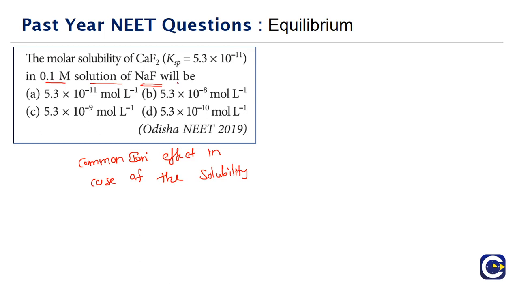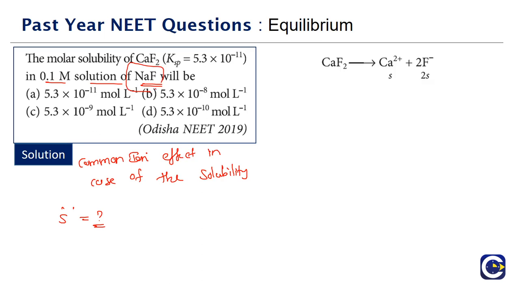Means we have to find the molar solubility, the S value. The CaF2 is not getting dissolved in pure water, it is getting dissolved in the presence of 0.1 molar solution of NaF. Generally, what is the solubility expression for CaF2?